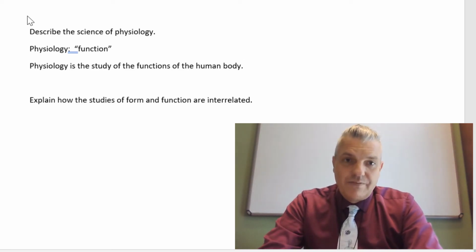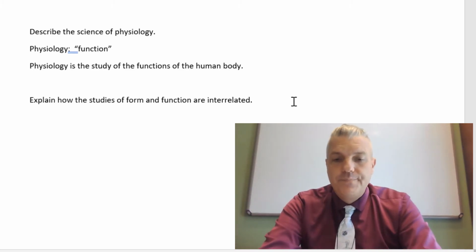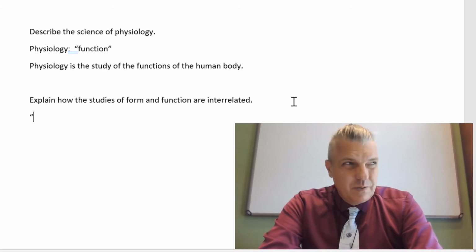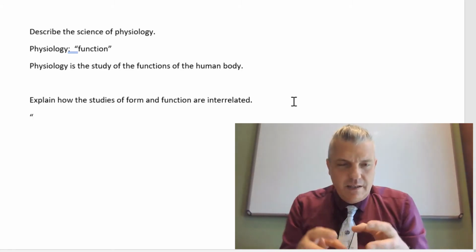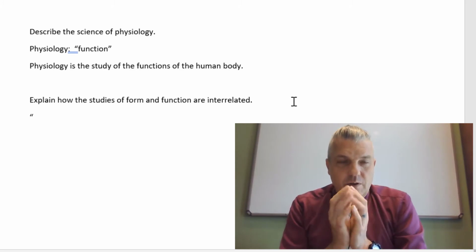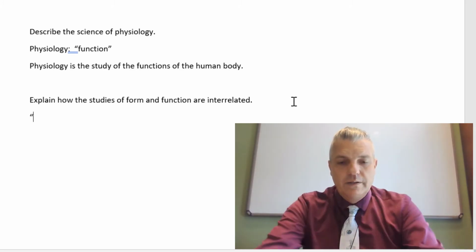So what does one have to do with the other? Some very simplistic statements, but if after stating these you can flesh them out in a paragraph or so, you'll have a really good grasp of this.